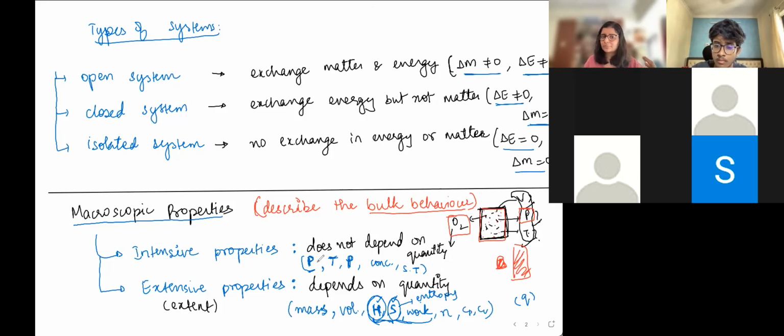So that's an intensive property. Enthalpy is internal energy plus PV, the work done. We'll expand more on enthalpy. There's a whole section where we talk about enthalpy. It becomes clearer there.